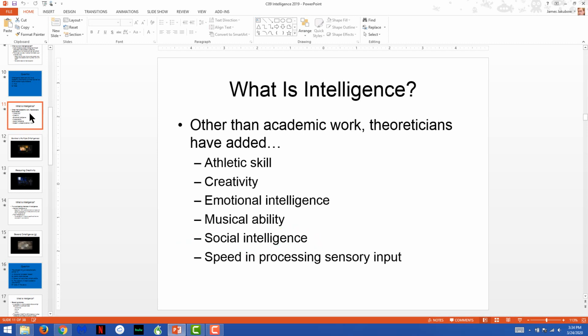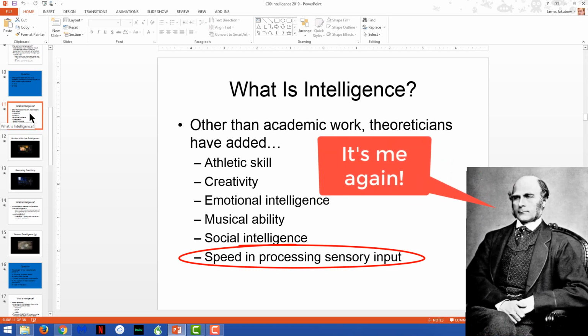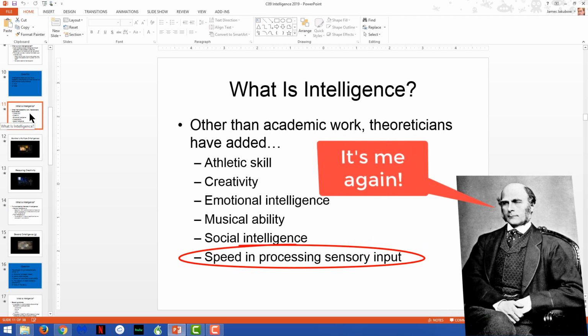The very last bullet point here, speed in processing sensory input, actually comes from Sir Francis Galton all the way back in the 1880s. That was one of the first measures of intelligence before we had the more standardized Stanford-Binet intelligence test of today.